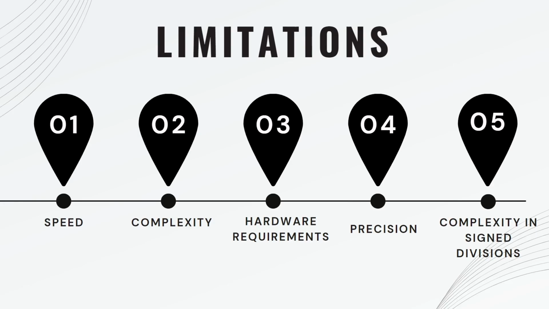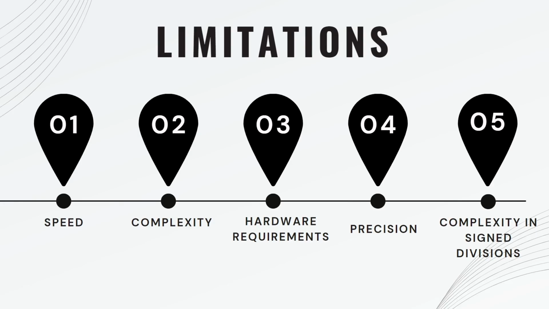The division restoring method may introduce rounding errors or precision loss in the final result. This is particularly true when dividing numbers with a large number of digits or when dealing with fractional divisions. Other division methods, such as Newton-Raphson or Goldschmidt algorithm, can provide higher precision in the quotient.